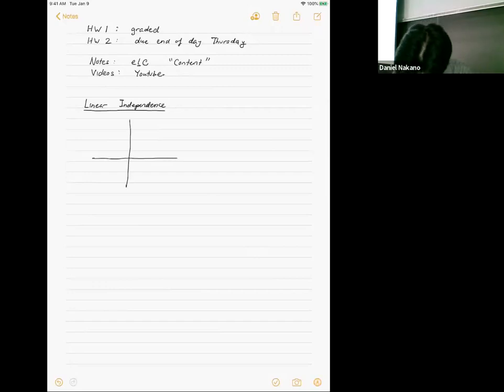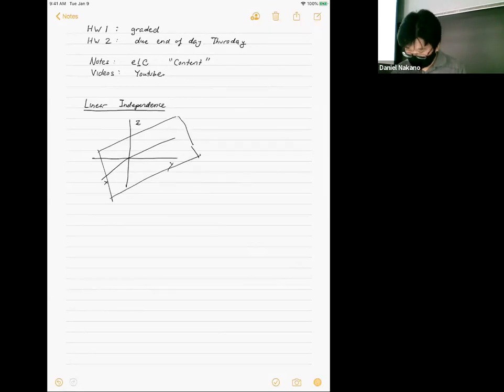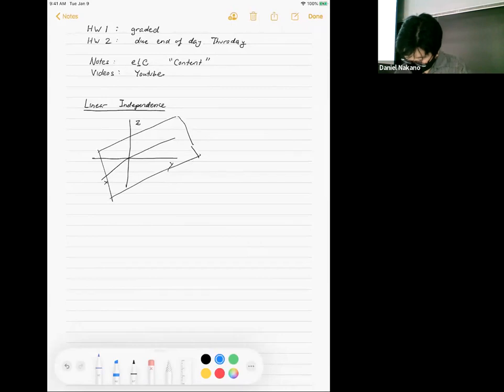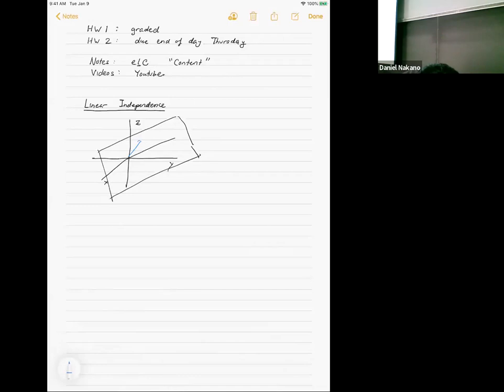just as a review. So let's say this is the XYZ plane. And let's say I have a plane like this. Okay. And let's say I have some vectors here. Let's make them some colors. Let's do some blue. So if I have three vectors in the plane, V1, V2, let's say V3.